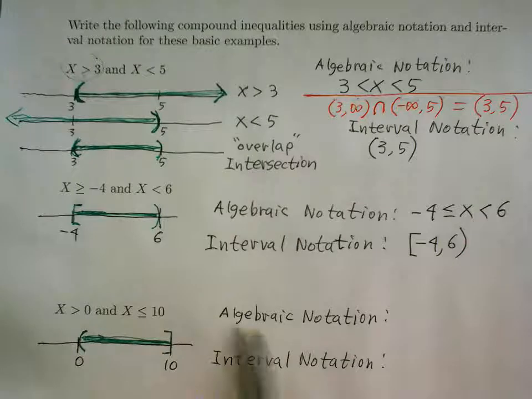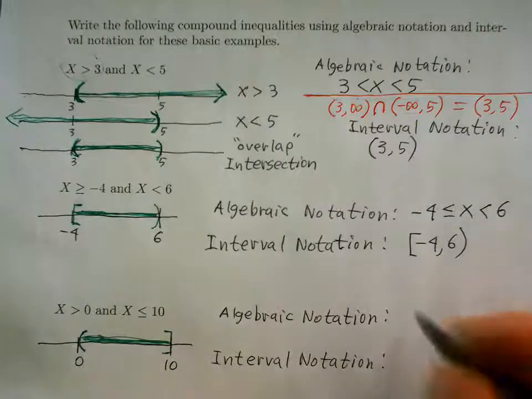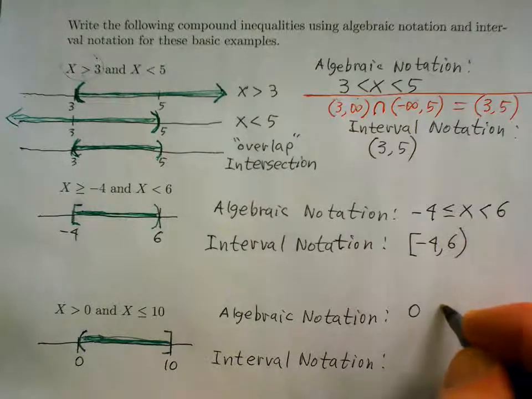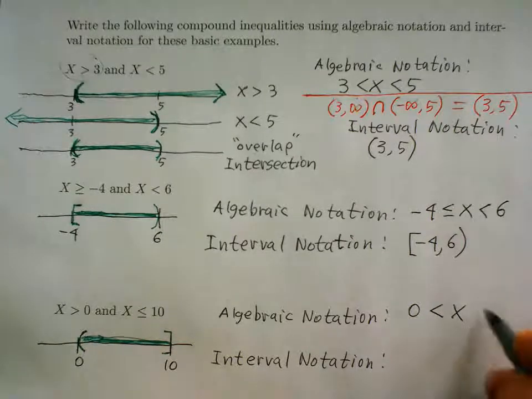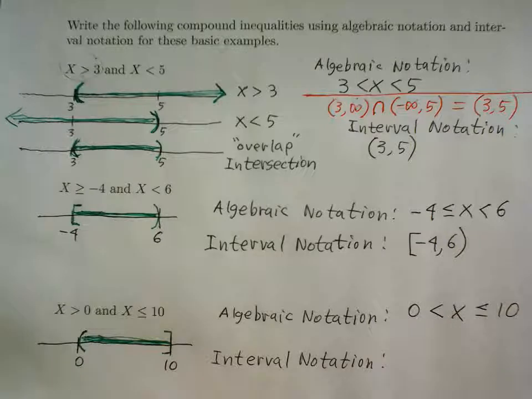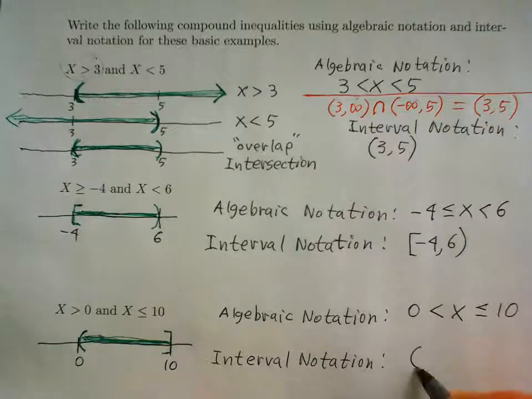So anyway, algebraic notation: 0 is less than x, which is less than or equal to 10. And then the interval notation, this you could type in. This is parenthesis 0, 10 bracket.